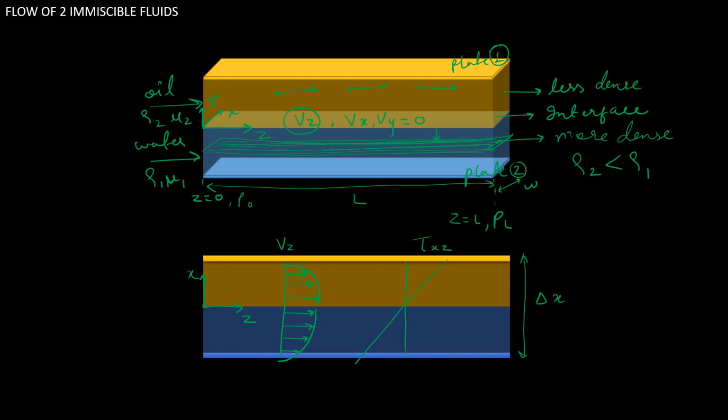Here is the x plane, so this is at x distance. Let's consider the thickness of this fluid is b.